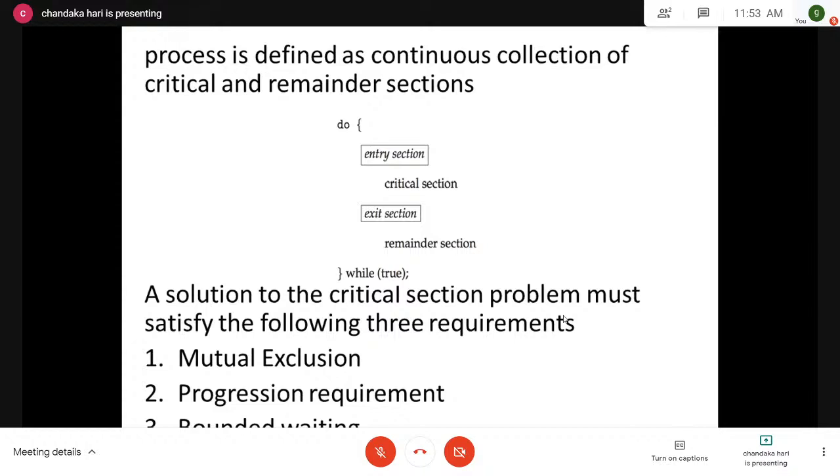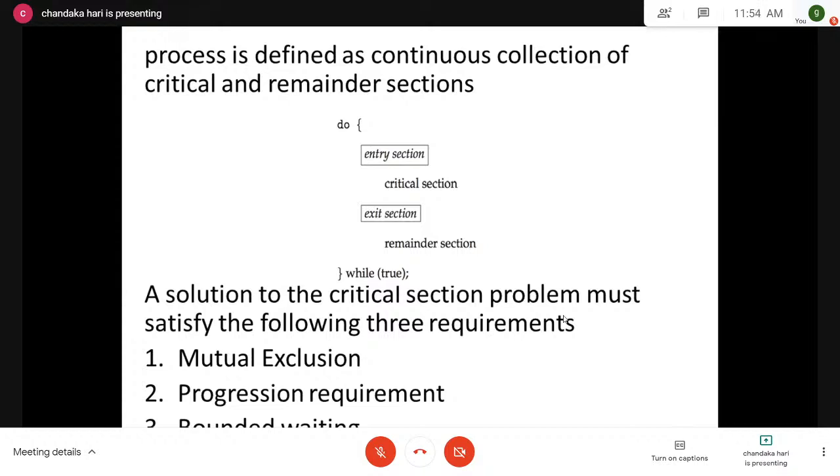We need to determine who has high priority, do a context switch, and after that the interrupt service routines have to be executed. This is the minimum amount of time required to switch from one process to another. That implies there exists a bounded waiting time for each process to be allowed into the critical section. Once an interrupt has been given, you are not allowed to enter the critical section immediately. That is bounded waiting.